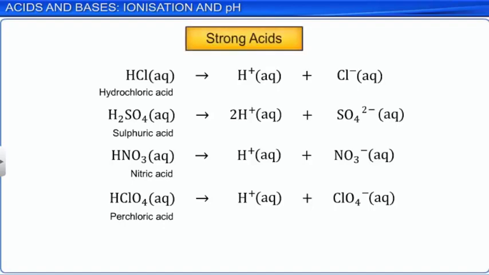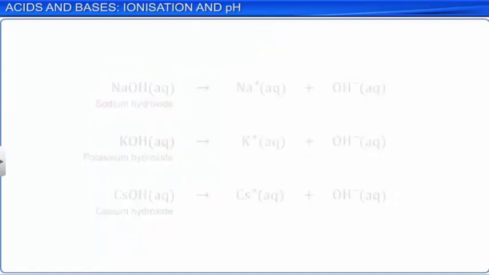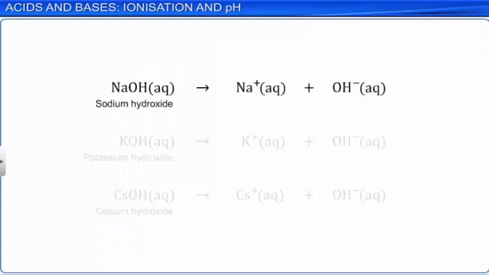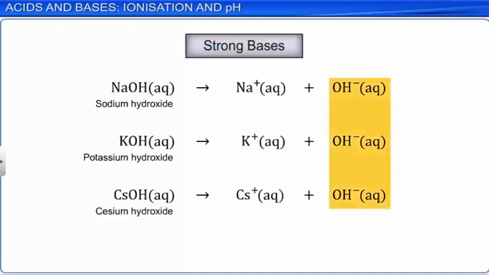These acids act as proton donors. Similarly, bases such as sodium hydroxide, potassium hydroxide, and cesium hydroxide are also called strong bases as they undergo complete dissociation in an aqueous medium, furnishing OH- ions.